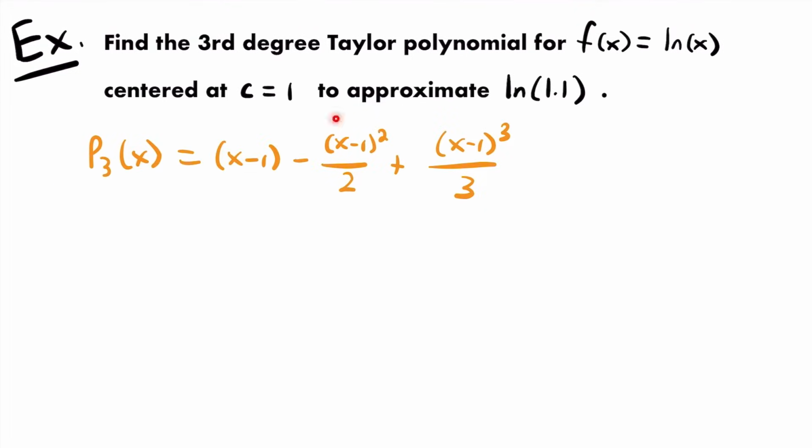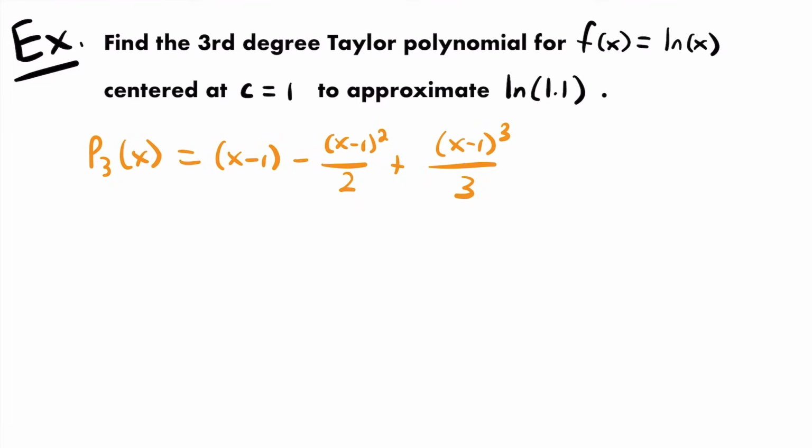It looked like this: p sub 3 of x is equal to x minus 1 minus (x minus 1) squared divided by 2 plus (x minus 1) cubed divided by 3. So that part of our problem has already been done. Now what we want to do is use this Taylor polynomial to approximate the natural log of 1.1, and then we're going to calculate the error of that approximation.